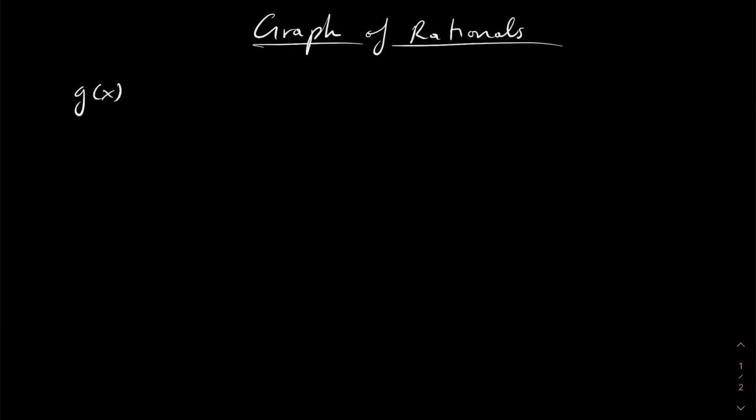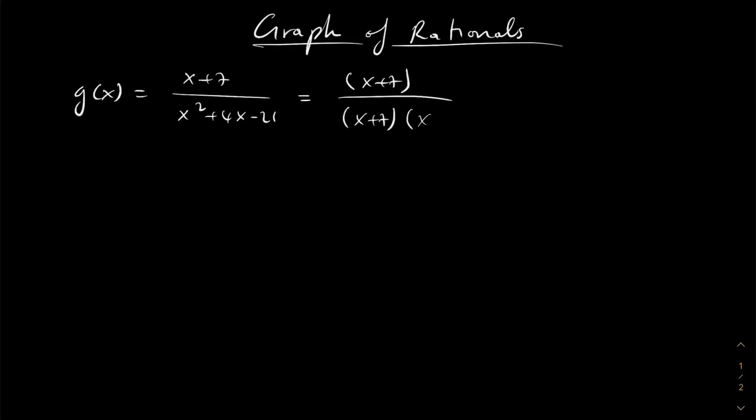I'm going to have here g of x equals x plus 7 divided by x squared plus 4x minus 21. And so with that, you know already that the top is going to be x plus 7 and the bottom should be x plus 7 in parentheses and then x minus 3 in parentheses. With that, you can cancel out the x plus 7 and you're going to get 1 divided by x minus 3.